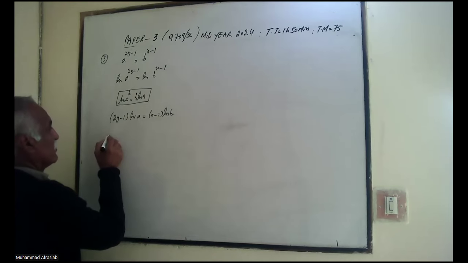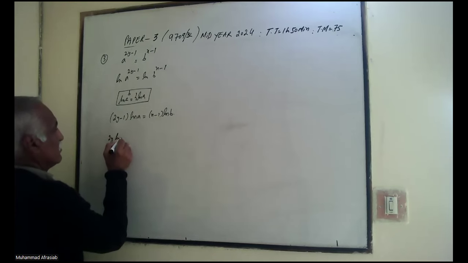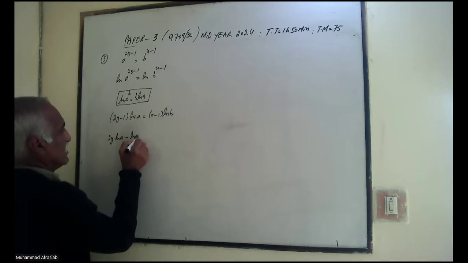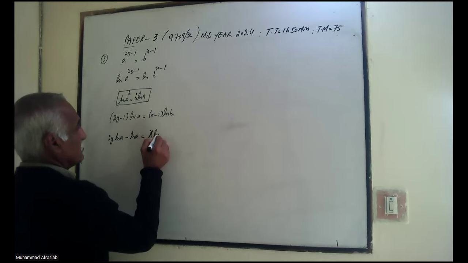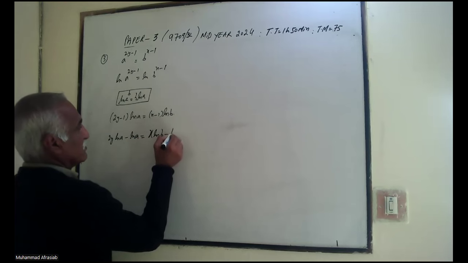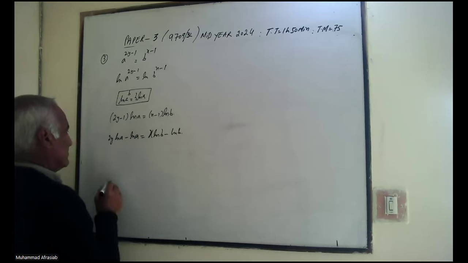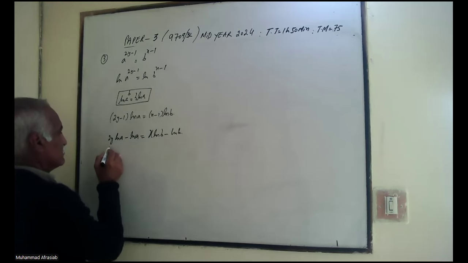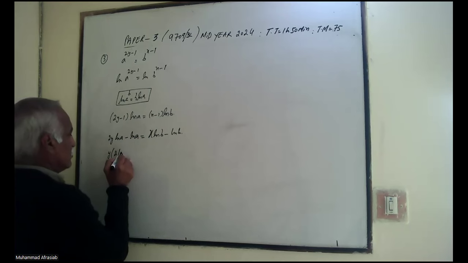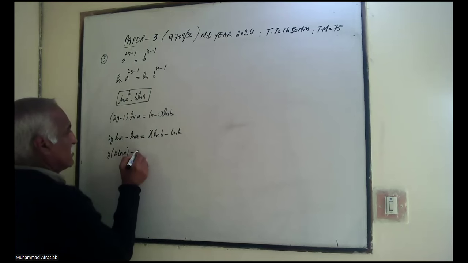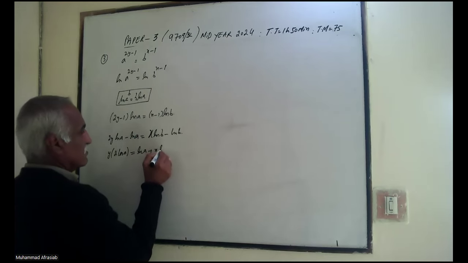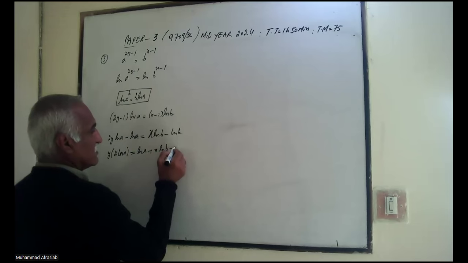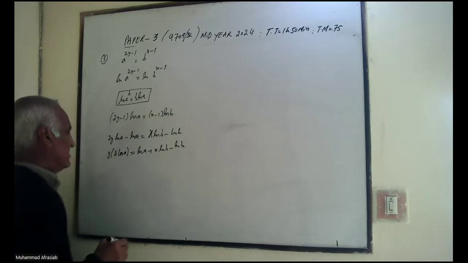Now we will multiply out: 2y log of a minus log of a is equal to x log of b minus log of b. This will become y into 2 ln of a is equal to ln of a plus x ln of b minus ln of b.